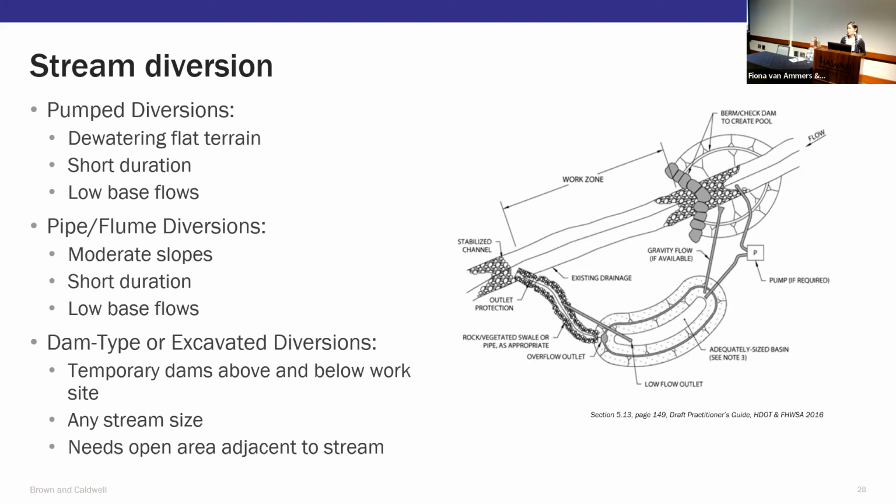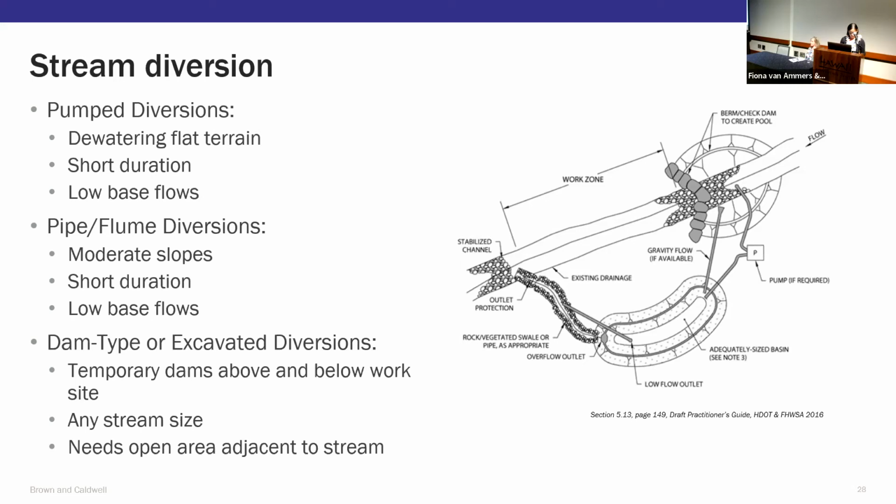You can combine them with each other and vary them depending on the different parts of the project that you're working on. Some other notes are that smaller streams sometimes need to be fully isolated as they're too small to do a partial diversion, whereas with larger streams, maybe you can only do a partial diversion, and those should be taken into account when you're designing your BMPs.